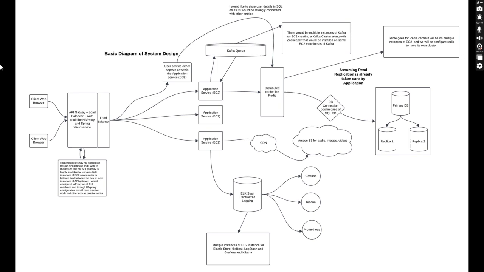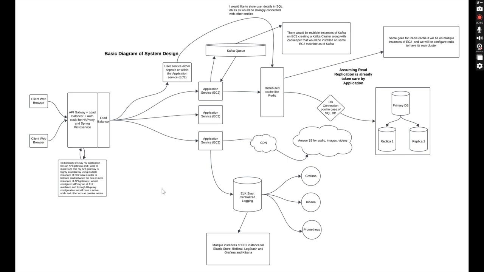So in the last video we looked over the API gateway or load balancer, and your application, which could be running anything like a blogging website or maybe a YouTube like or a Twitter like service. We also had a look at the ELK stack, which I didn't explain in quite detail, and we also had a look at the database, very brief, but we had a look at that.